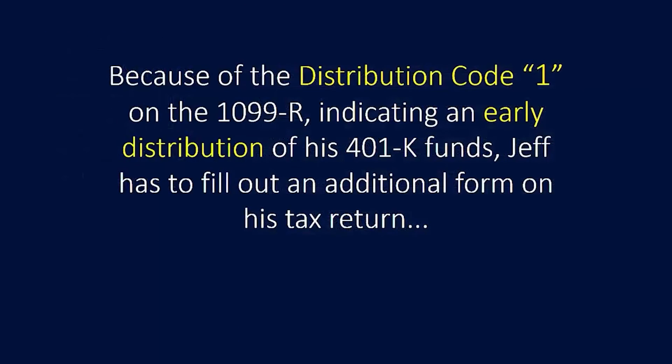Because of the distribution code 1 on the 1099-R indicating an early distribution of his 401k retirement funds, Jeff has to fill out an additional form on his tax return, Form 5329. This is what the no known exception refers to, an exception to this form.